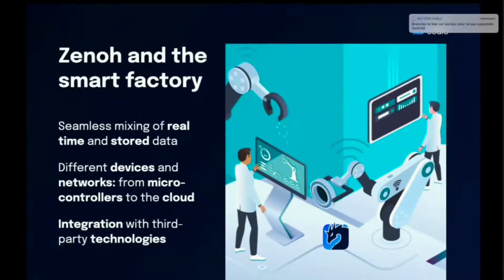And also how easy it is to integrate with third-party technology like DDS. And as a consequence of seamlessly integrating with DDS, we're able to interoperate out of the box with ROS2 robots.